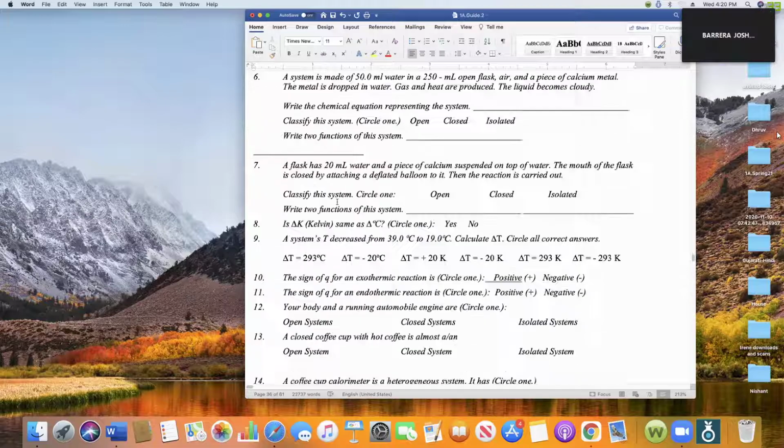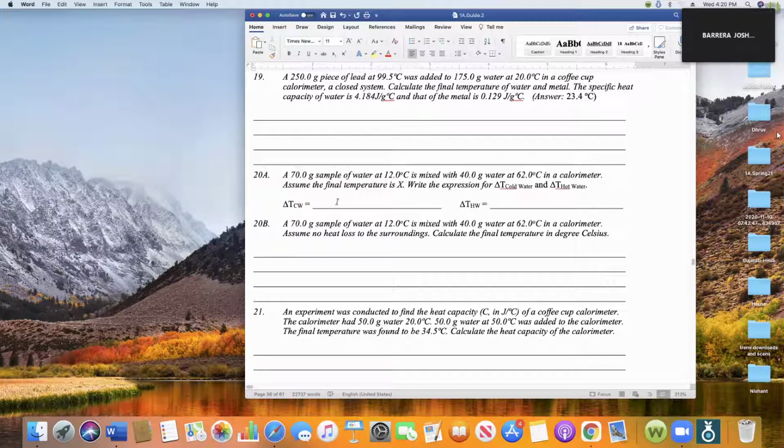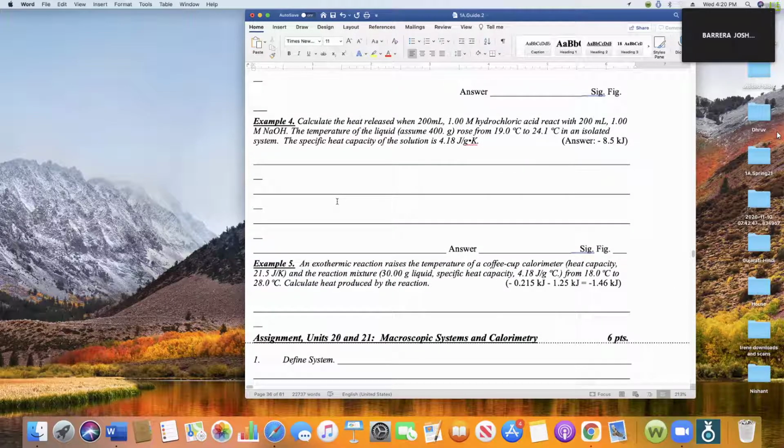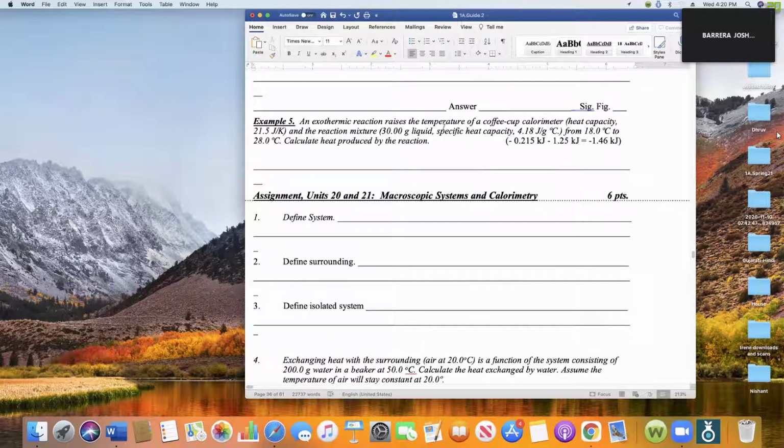Okay, so we're talking about example 5, right? An exothermic reaction raises the temperature of a coffee cup calorimeter. So we have Q reaction equals... That's the first equation, a simple equation. We are just going to write down where the heat came from and where it went.